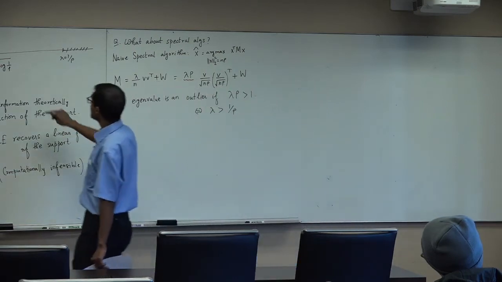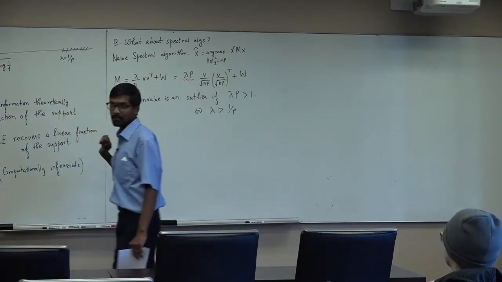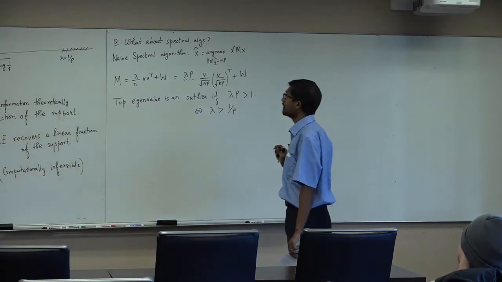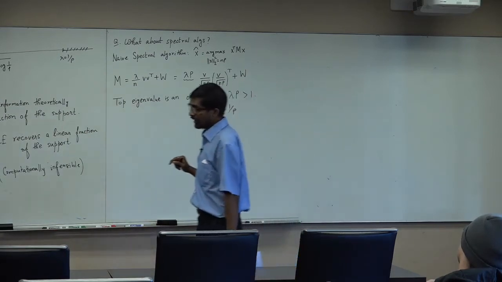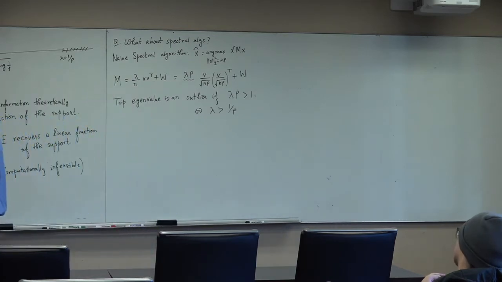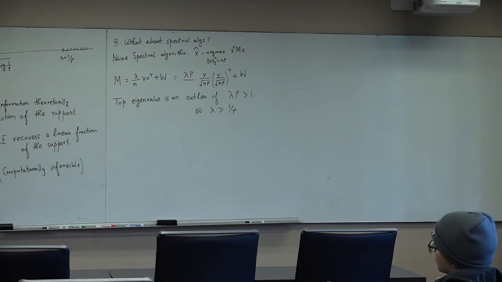Okay, so what happens in the middle, right? This is kind of where the mystery is. And if you believe that in fact nothing will work, how do you even try to get some evidence for that, at least in the context of estimation?